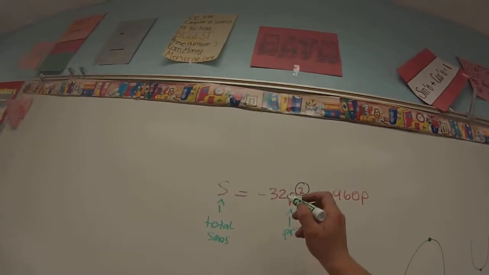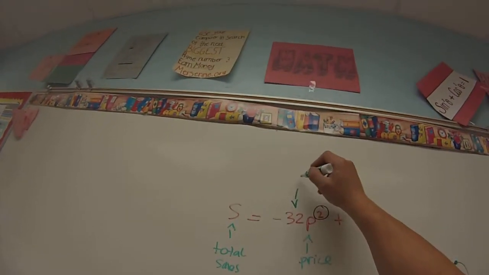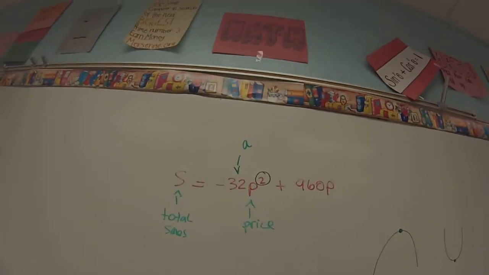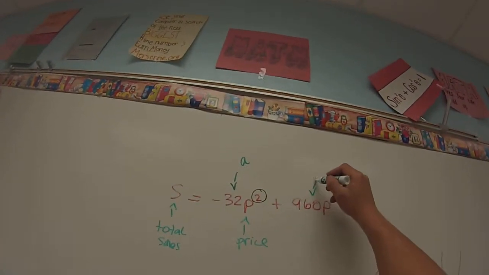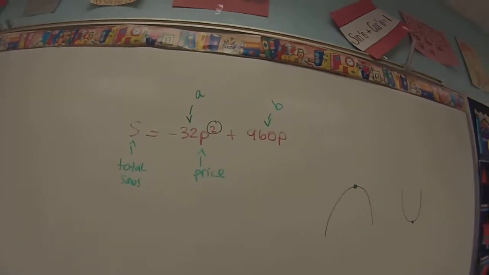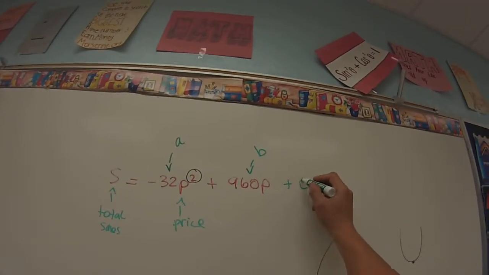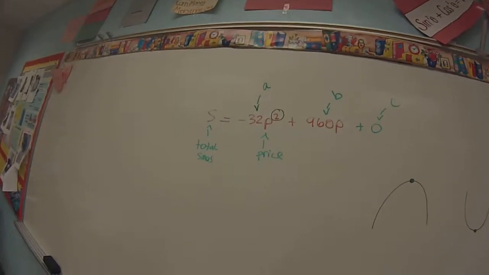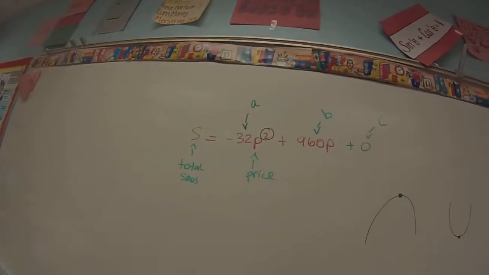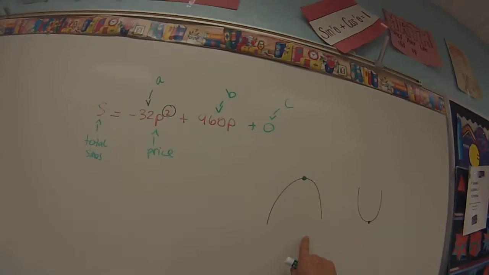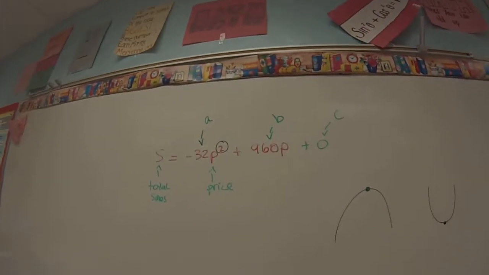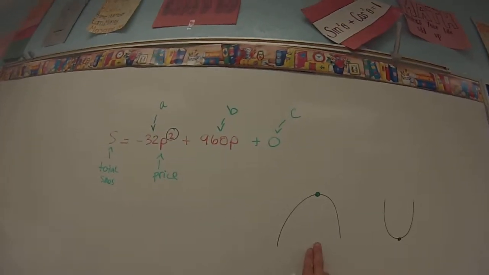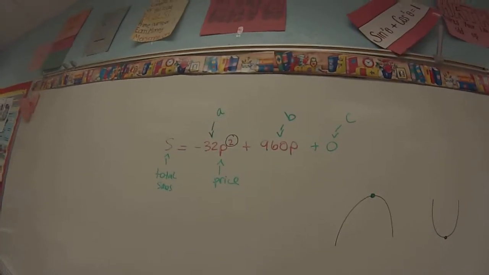Well, in here the A is negative 32 and the B is 960, and there is no C, so that means it's 0. Since the A is negative 32, it's a sad face with a high point. Whenever the A is negative, you're going to get a high point. Whenever the A is positive, you get a happy face with a low point.